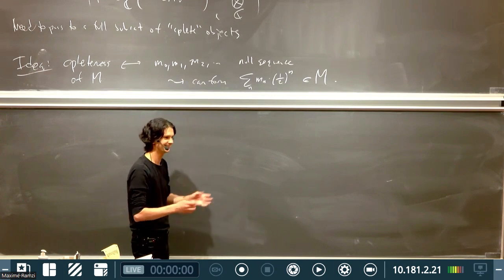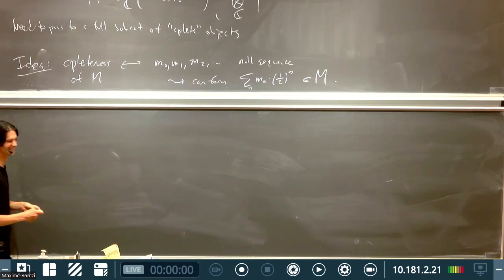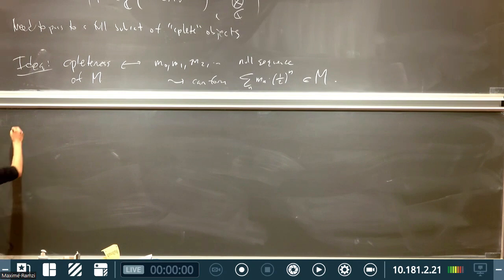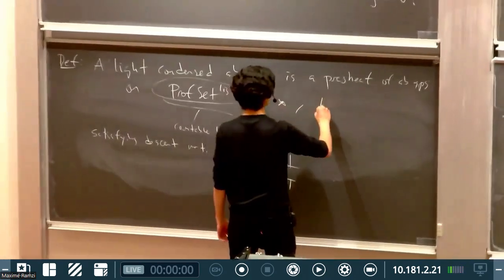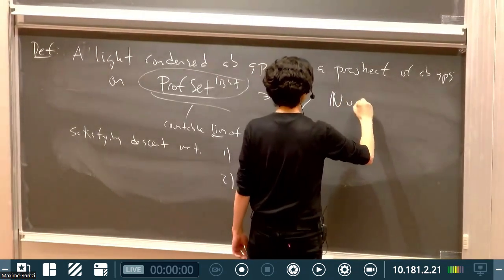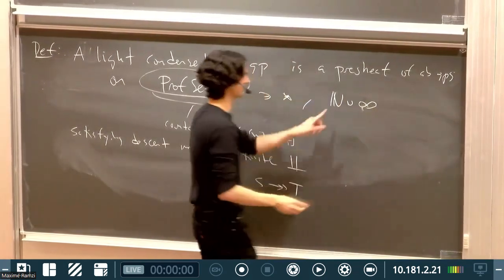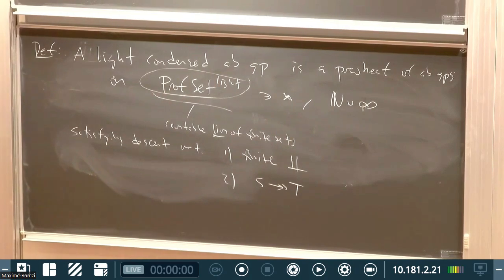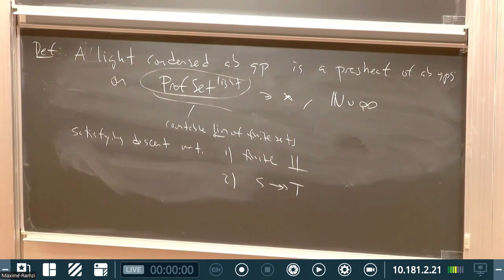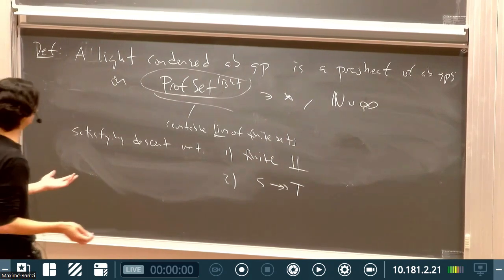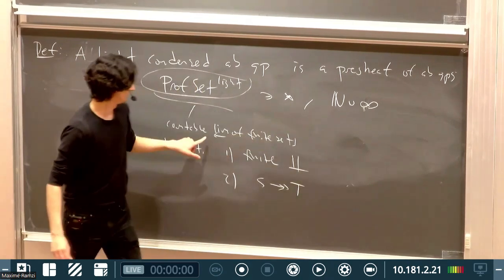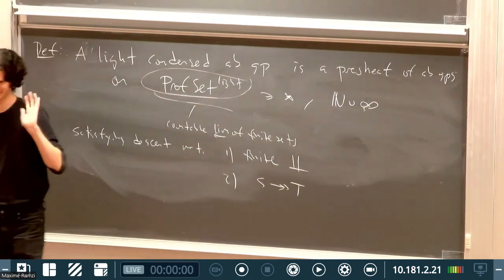So I'll explain it more precisely. The most important light profinite set is N union infinity, the 1-point compactification of the natural numbers viewed as a discrete topological space. If it's not obvious to you how to write it as an inverse limit of finite sets, take it as an exercise.